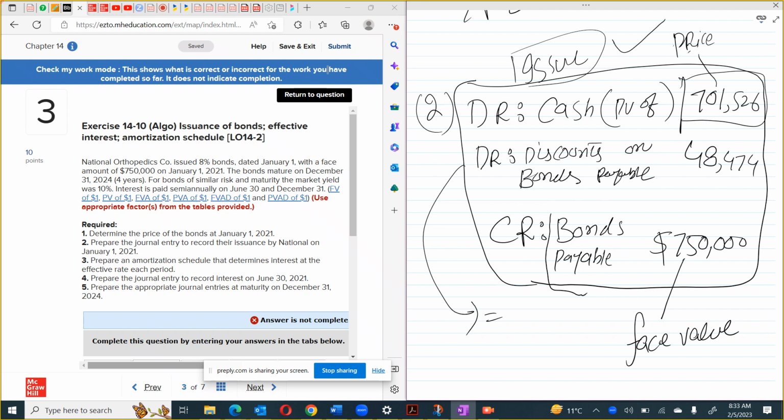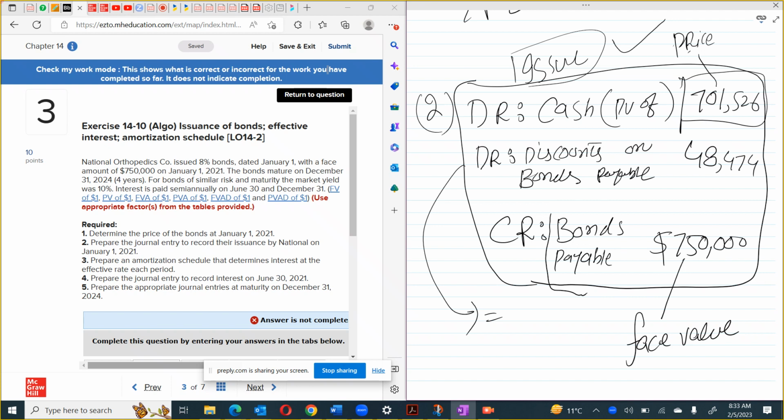This is 35,076, and the discount is 5,076. See how simple it is. So remember, for the first one you put the discount on debit. Now you put it on credit, because it's a discount on interest. The first one is the discount on present value.